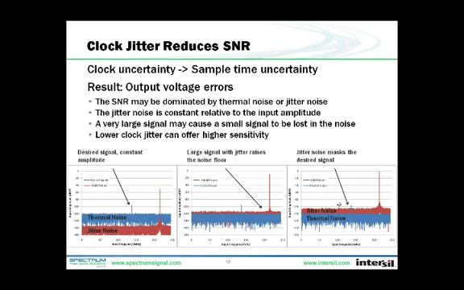Clock jitter will also degrade the SNR of higher input frequencies, which will lead to lower dynamic range in applications where you directly sample the RF. So that's one of the trade-offs that you have to make, how high an input frequency you do want to sample. These negative effects of jitter noise on the sensitivity can be reduced by using a low jitter clock and an ADC with a low internal aperture jitter.